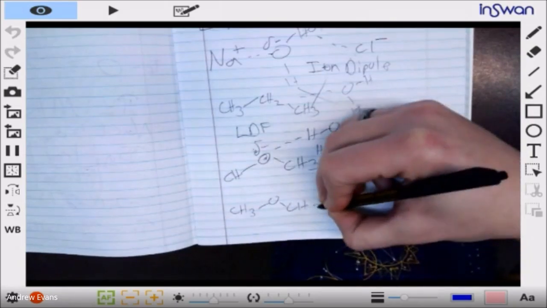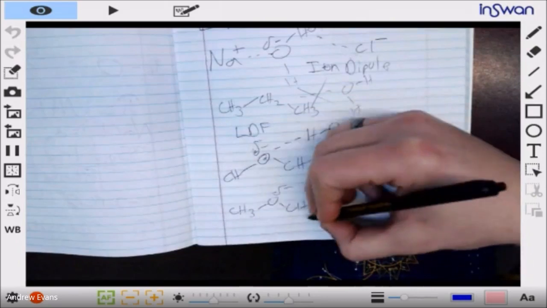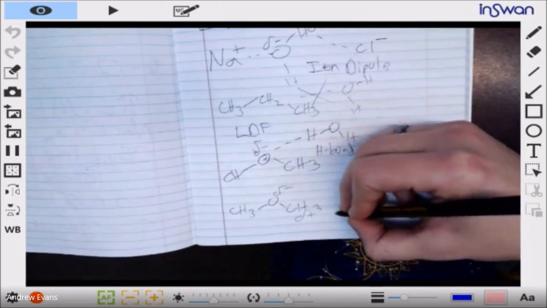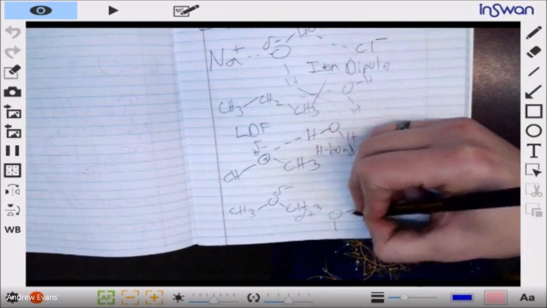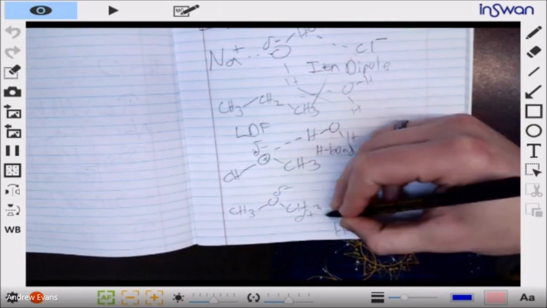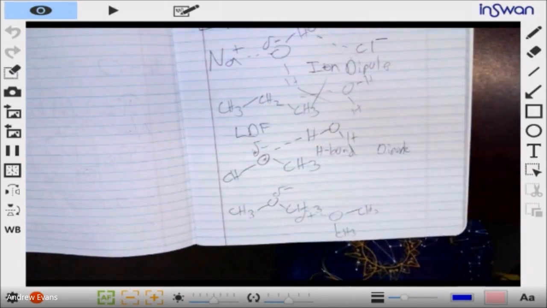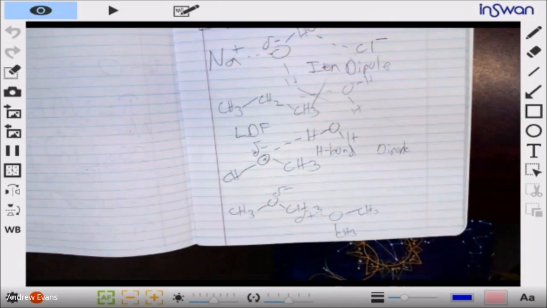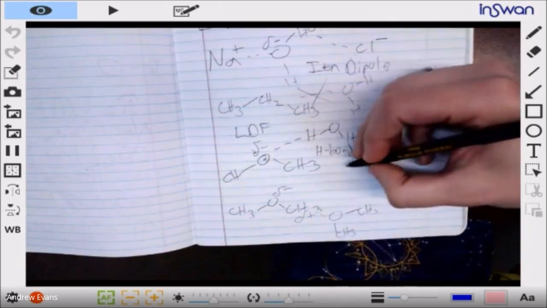you can have a dipole with another guy, but it's not a hydrogen bond. Not a hydrogen bond.